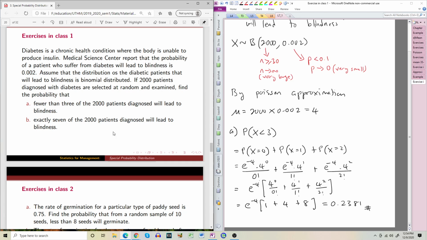The B I write here because B is quite easy. B is exactly 7 of the 2000 patients diagnosed will lead to blindness.